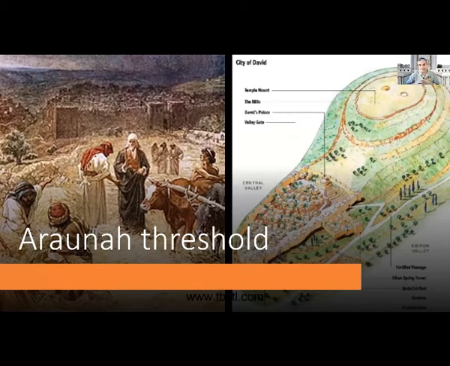In order to do that, King David wanted to acquire the threshold of Erona or Evona, the Jebusite.